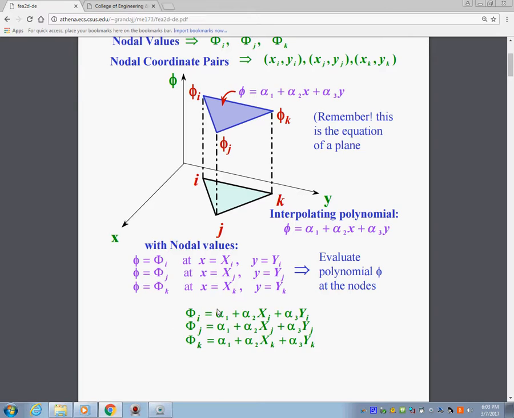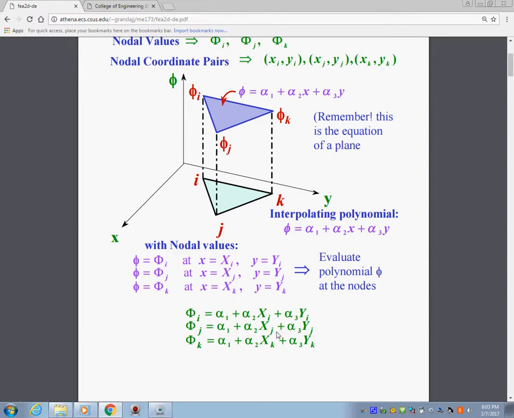So you see here we have phi sub I, phi sub j, and phi sub k, and we have used the interpolating equation to put in the coordinate pairs, and obviously we know all the x sub I, x sub j, and x sub k, and y sub I, y sub j, and y sub k.